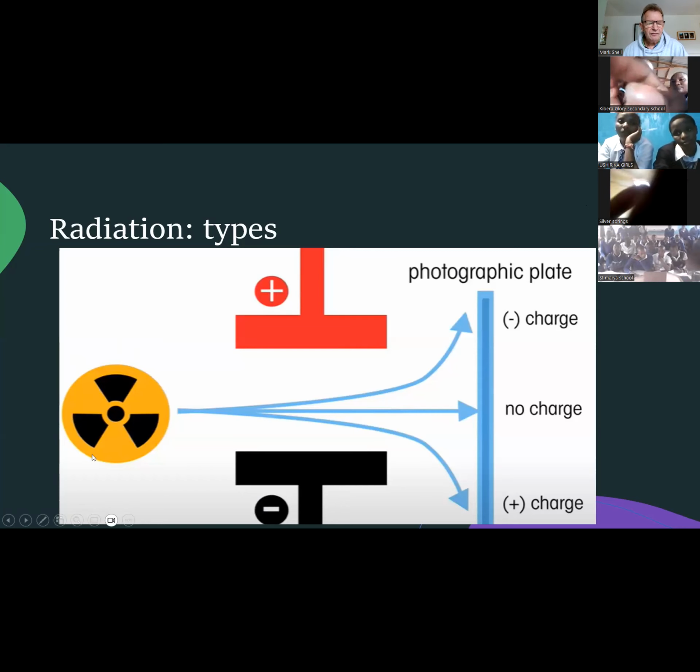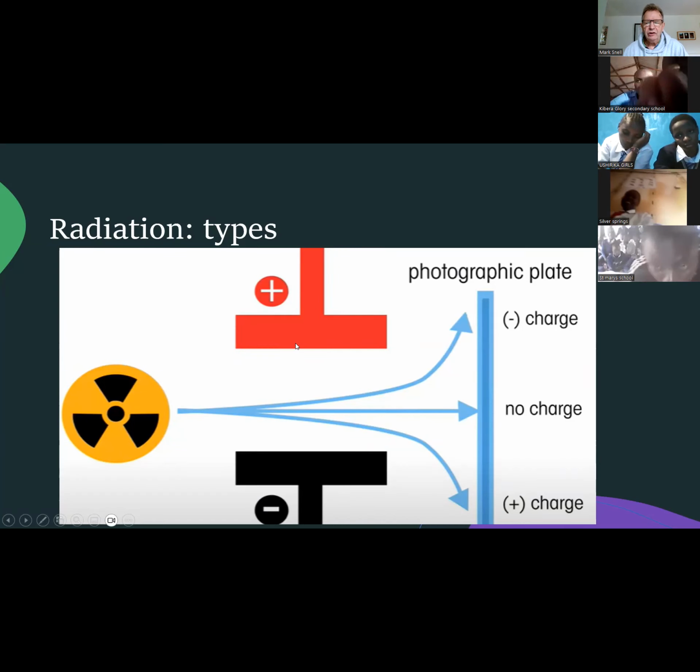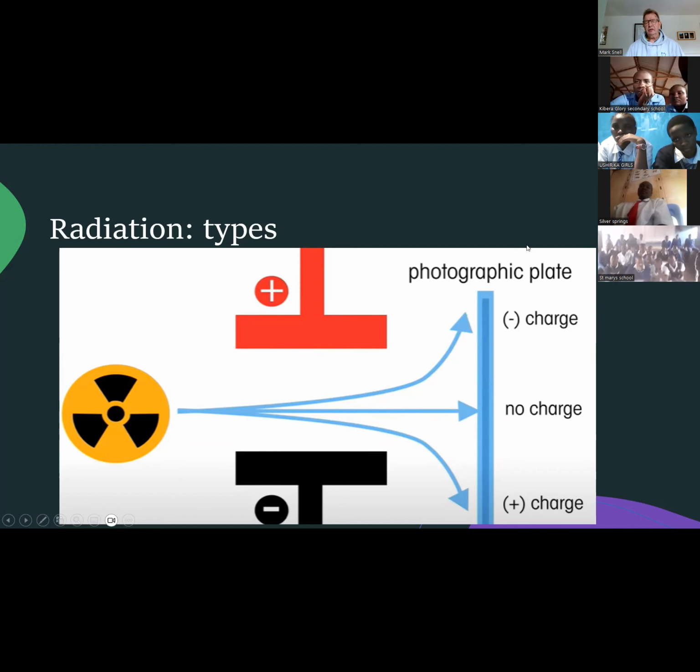So if on the left we have a radioactive source and we pass whatever is coming out of it between two plates, and one is positive and one is negative, then some of the particles were attracted towards the negative, and that showed they were positive. Some of them were attracted towards the positive, which showed they were negative, and some of them went straight through.